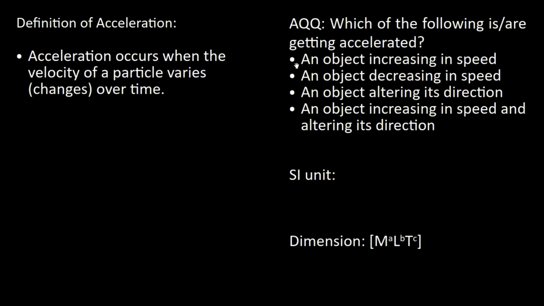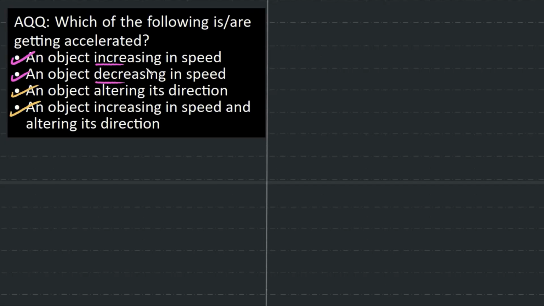SI unit of acceleration is, so let me show you guys how to figure out acceleration's SI unit. So acceleration, I have not yet come to the formula, but we know that it's change in velocity by time. Okay, we know the definition as of now. So we know that SI unit of velocity is meter per second and SI unit of time is second.